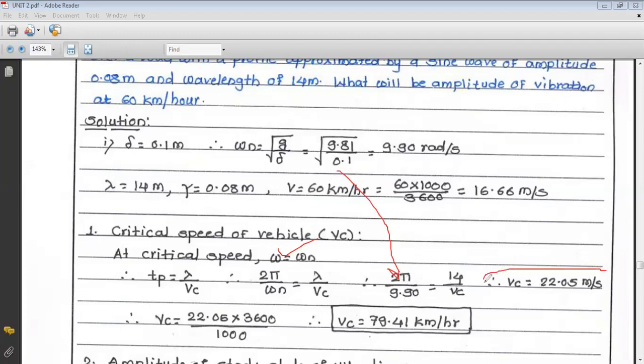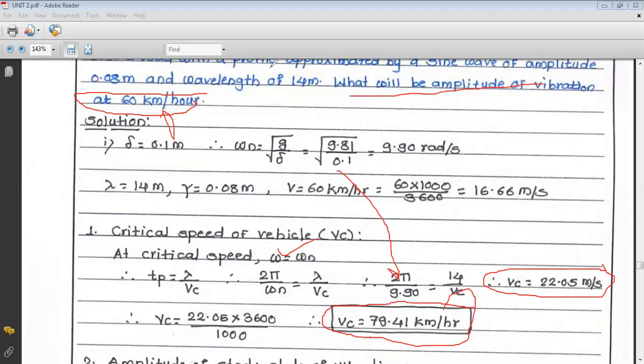So this is the value of the critical speed, in meter per second. By multiplying by 18 by 5, we get it in kilometer per hour. Now this is the first critical speed. Now we have to find out what will be the amplitude of vibration when the speed is changed. This is 79.47, the critical speed, and we have to take the speed as 60 km/h.